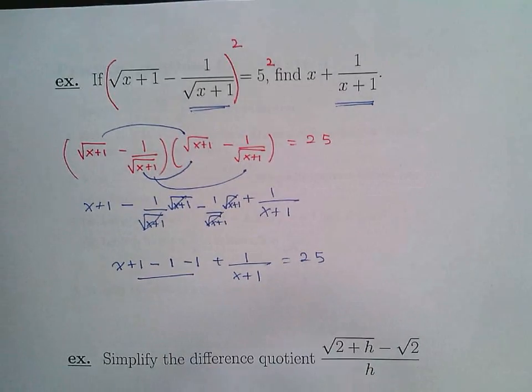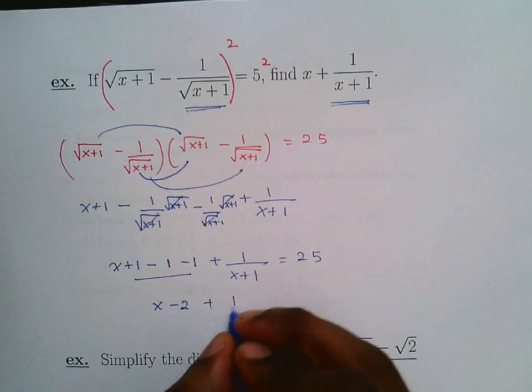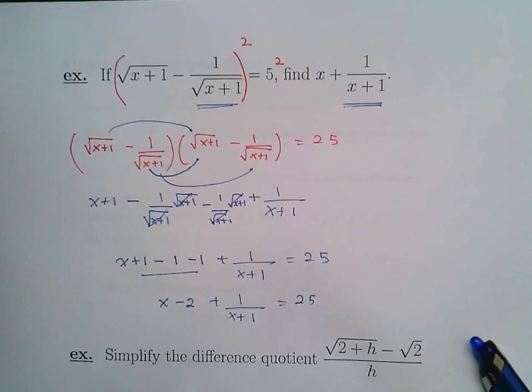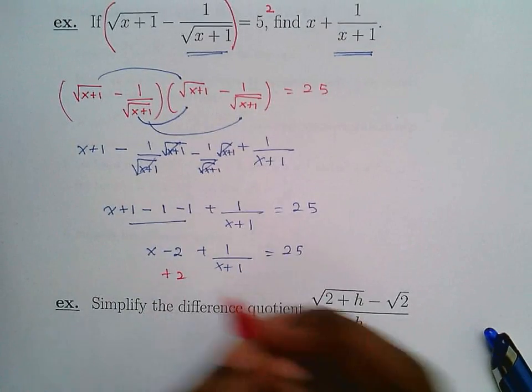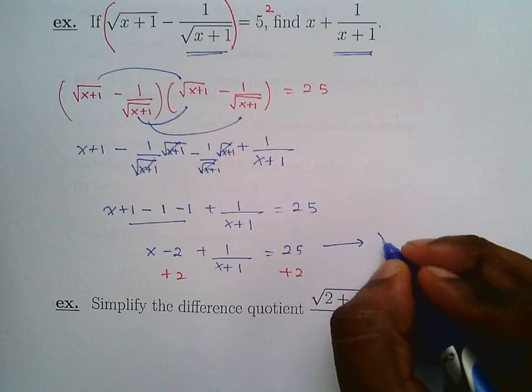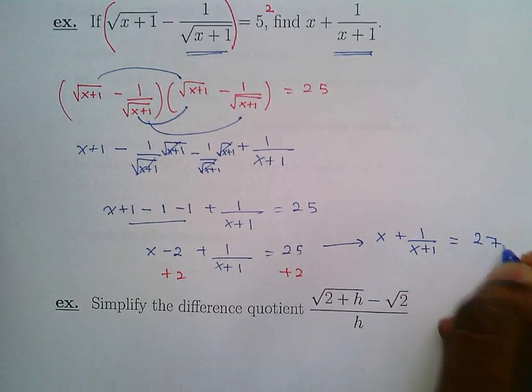Okay, these three you can simplify. x minus 2 plus 1 over x plus 1 is equal to 25. Add 2 to both sides and see what happens. x plus 1 over x plus 1 is equal to 27.